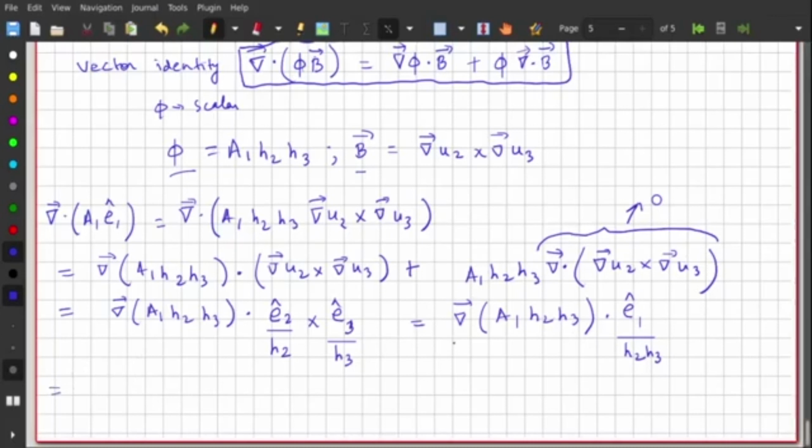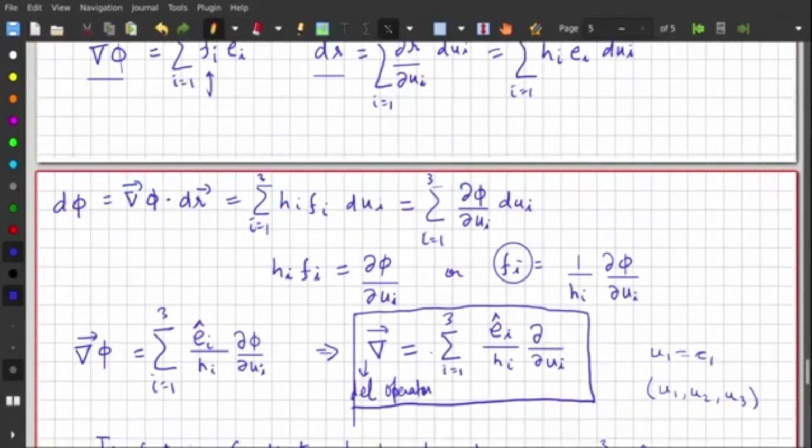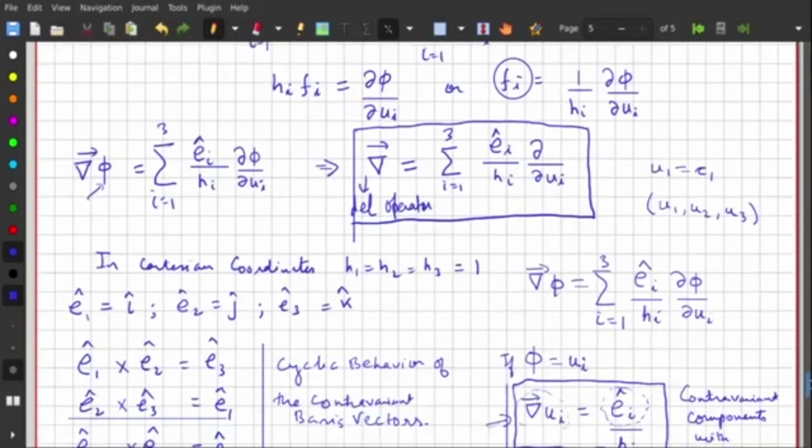Remember the grad operator is defined using this del operator acting on a scalar function. So this is the sum over i equals 1 to 3 of ei by hi.